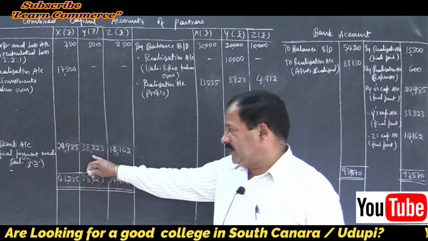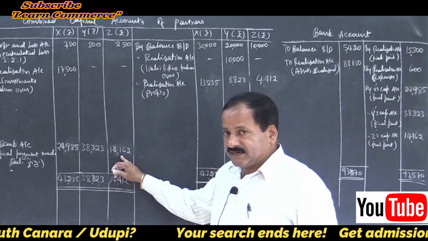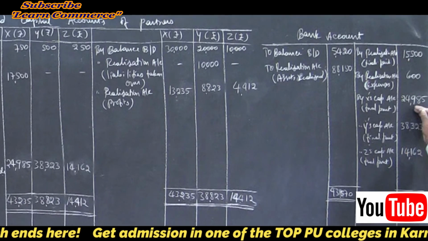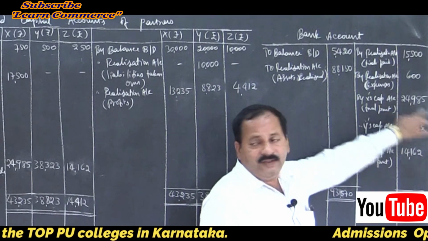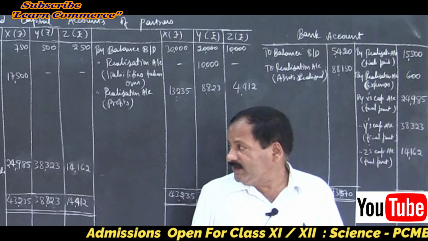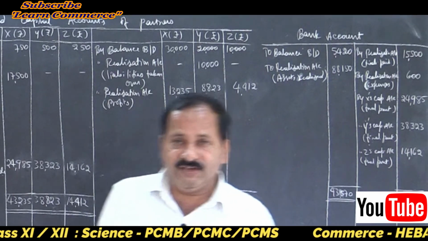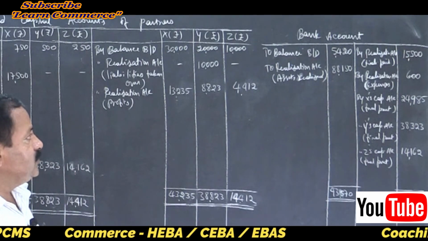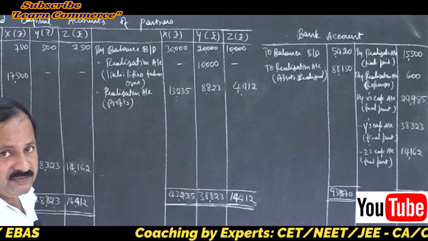Write the same final payment here: 24,985, 38,323 and 14,162. Your balance sheet and bank account agree. Correct? 93,570 is the total. So a small mistake.